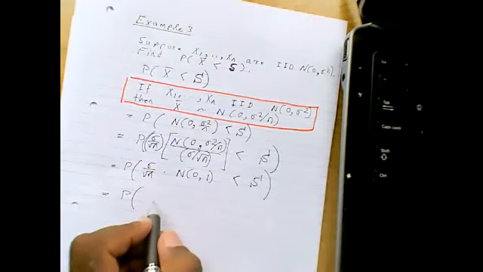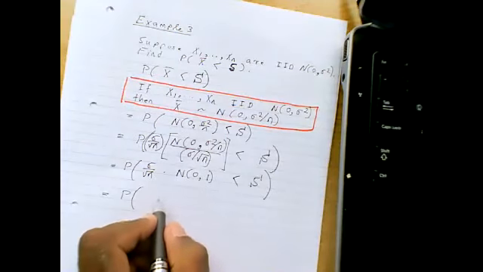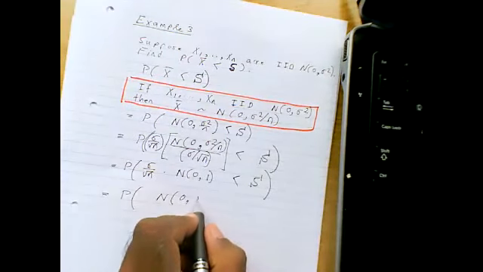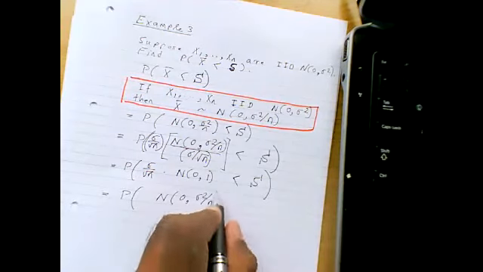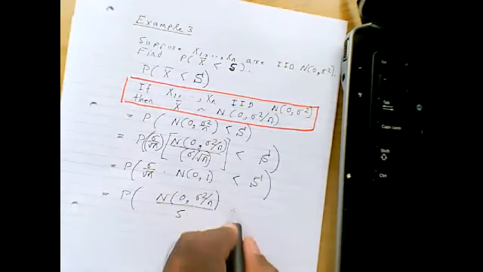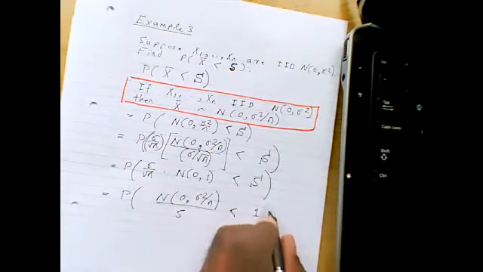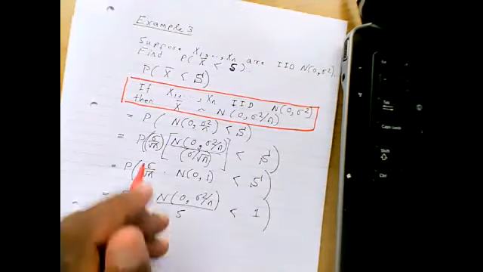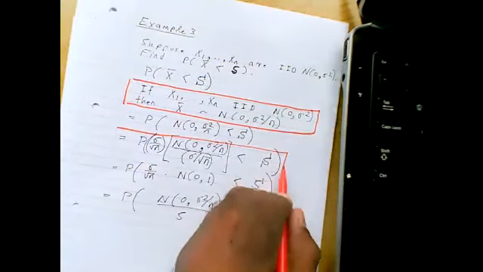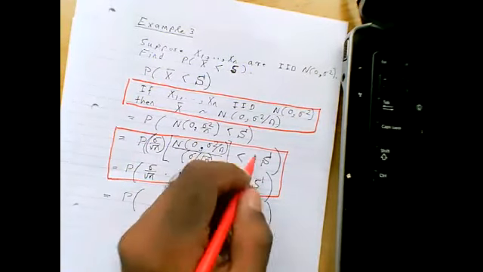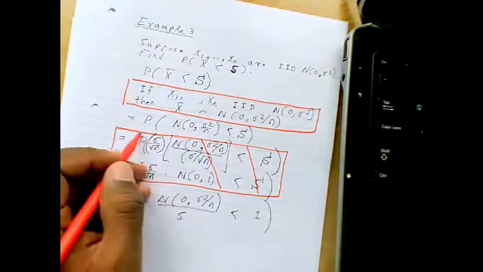Okay, let me go back to the previous step. All right, so let me skip these two. I don't need these two steps here. I'm sorry about this. I don't need these two steps. Right, let me go back to the previous step.